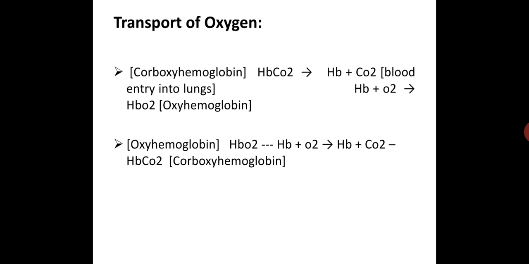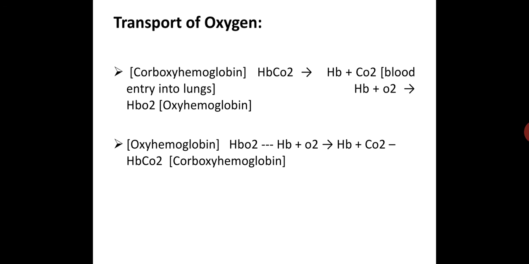Hemoglobin is the oxygen transport protein, and it is found in the blood of all vertebrates. It is composed of 4 polypeptide chains, each of which contains one iron, and the iron is a site of oxygen binding. Each iron can bind one molecule of oxygen, and thus hemoglobin is capable of binding a total of 4 oxygen molecules.